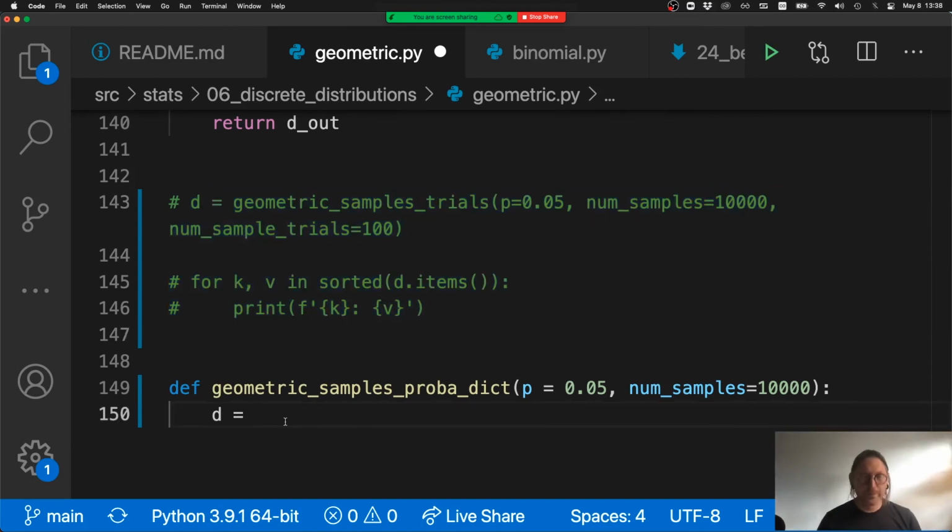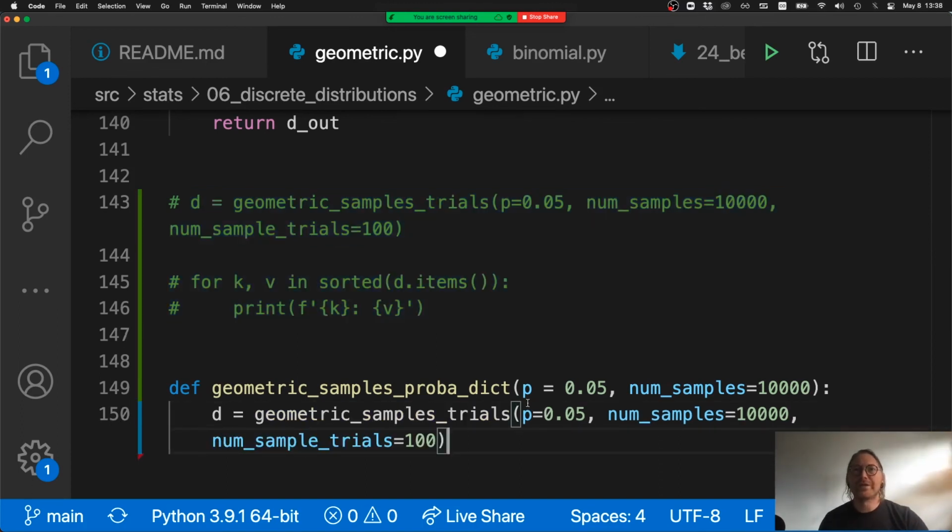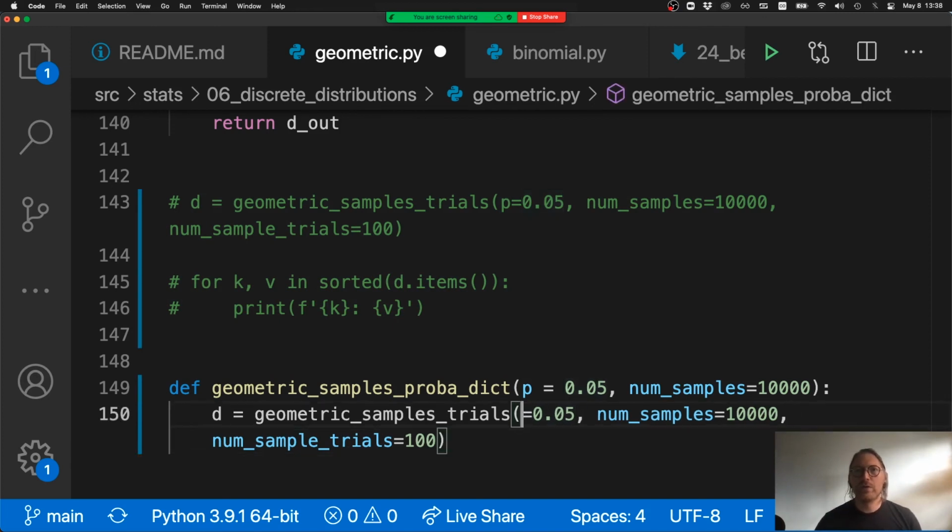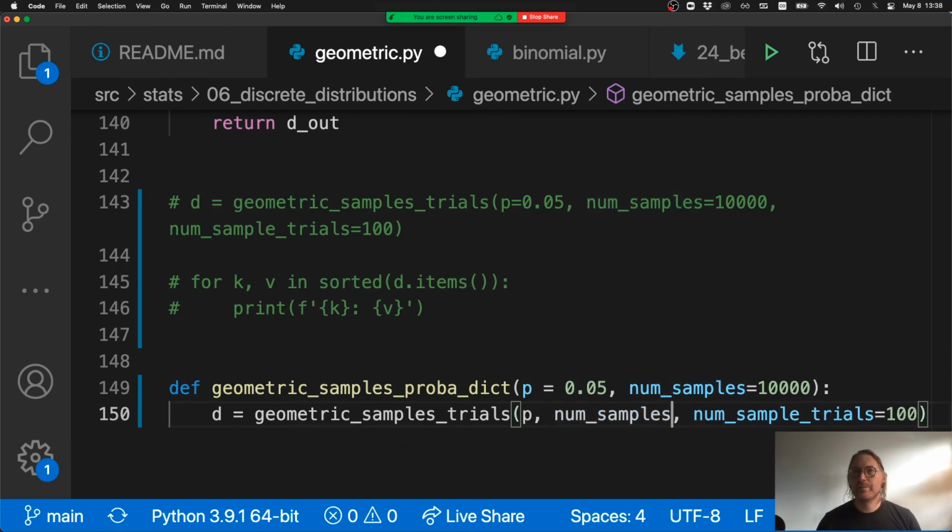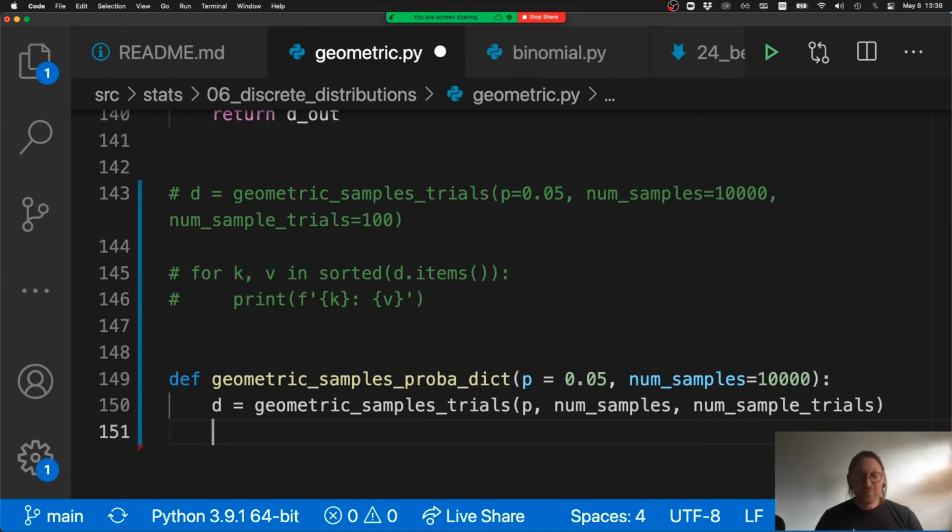And let's see, I need to get rid of these values. Oops. And then we can define a transformed version of this.